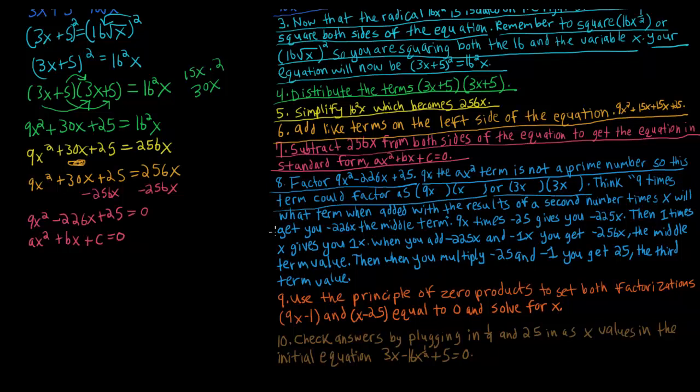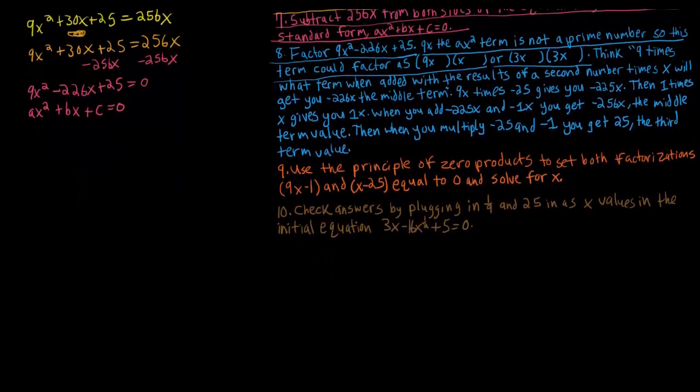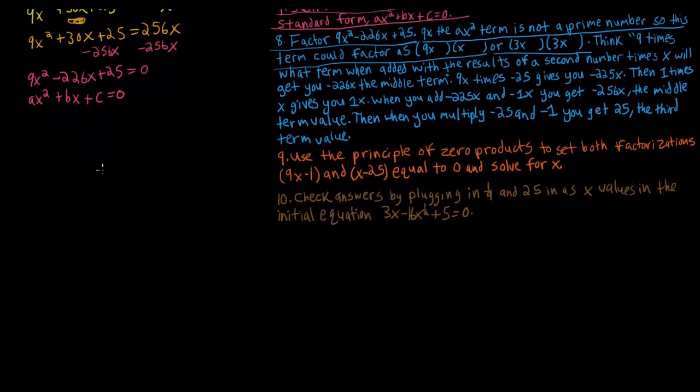So for our factorization of this trinomial, 9x squared minus 226x plus 25, we could set it up as 9x times x, and then we could also set it up as 3x times 3x.